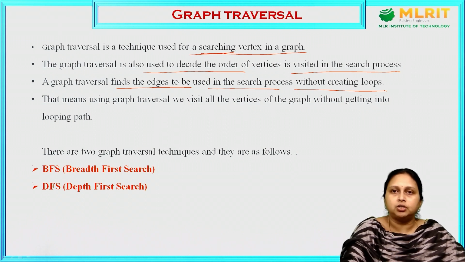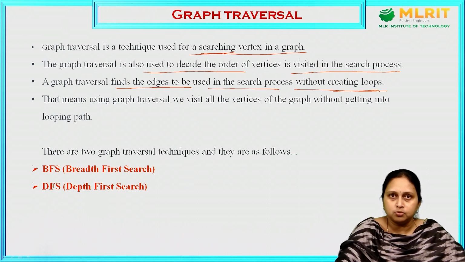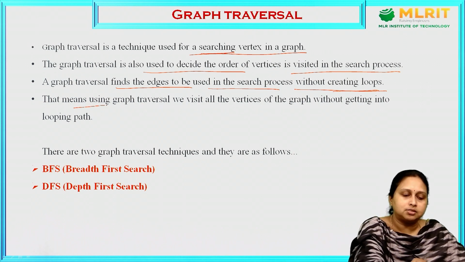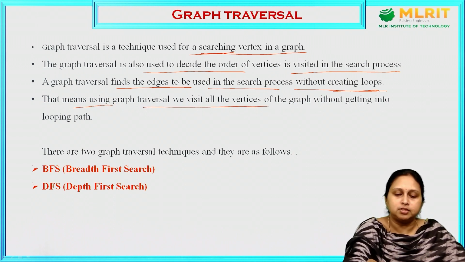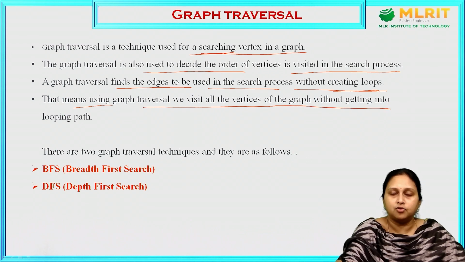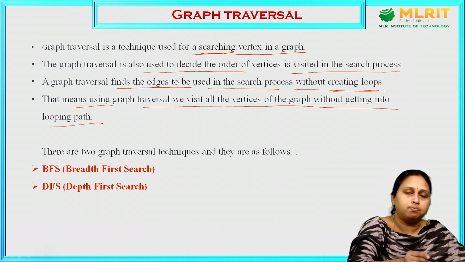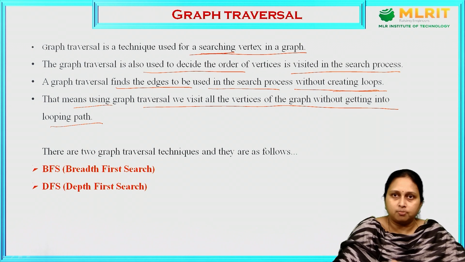When you are traversing through the graph for searching any particular vertex, it should not form any loops. Without forming loops, you have to traverse your graph. That means the graph traversal will visit all the vertices of the graph without getting into a looping path. You should not form any loops, as I said in the previous statement.